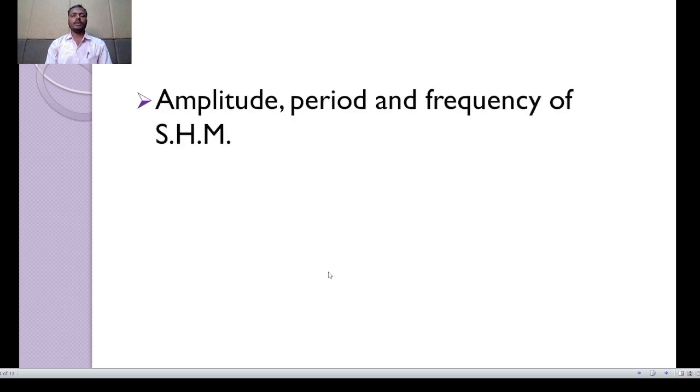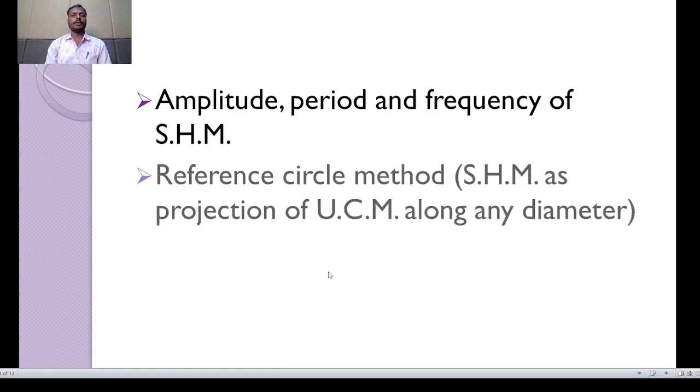Now in this lecture we are going to discuss amplitude, period and frequency of simple harmonic motion, the reference circle method, SHM as a projection of UCM along any diameter, and phase in SHM.